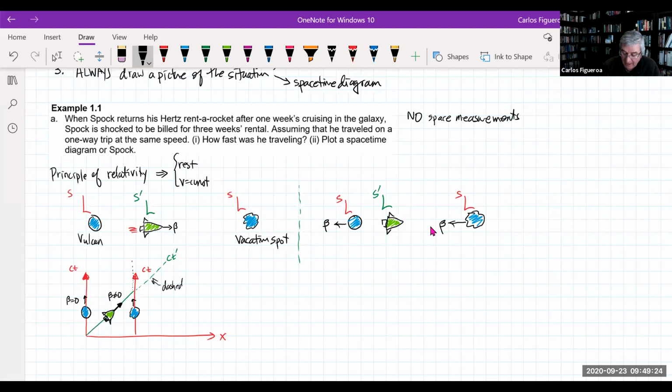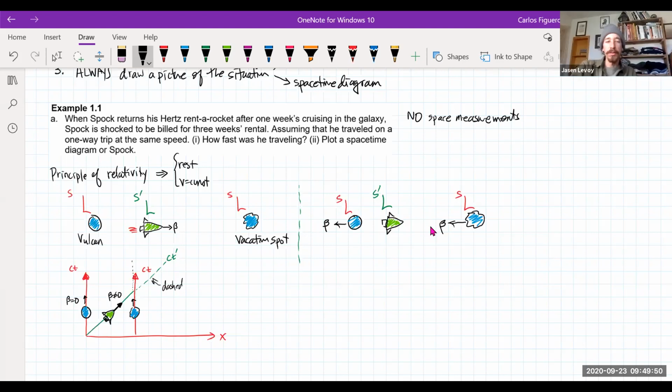So if I was to now read the question, note that there are two things here, right? It says that when Spock returns to his Hertz Renner rocket after a week of cruising, what do they mean by a week of cruising? Whose frame of reference is that?